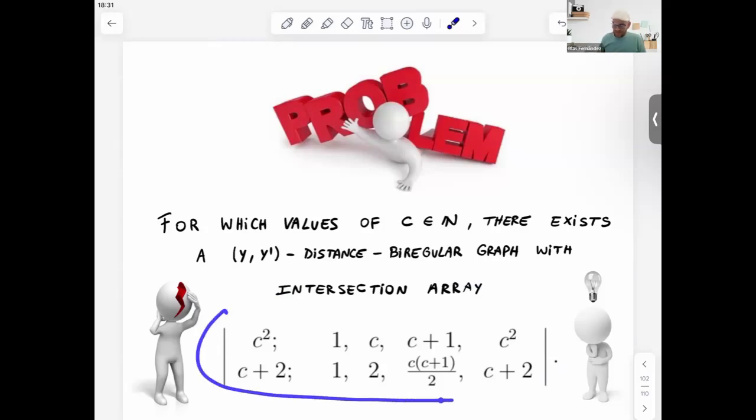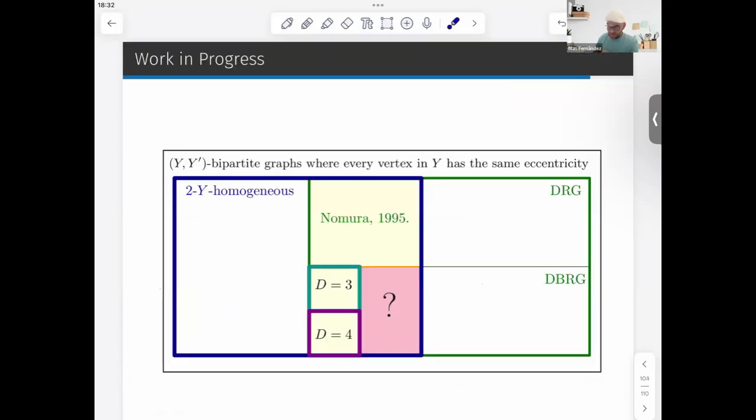So we already have this intersection array from another combinatorial point of view, and we discovered that we can also use this 2i homogeneous condition to construct new distance-biregular graphs. And so for now, this is what we have.